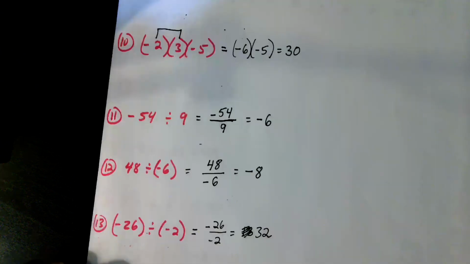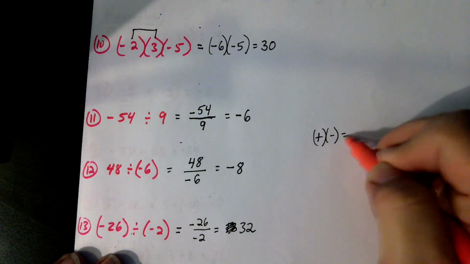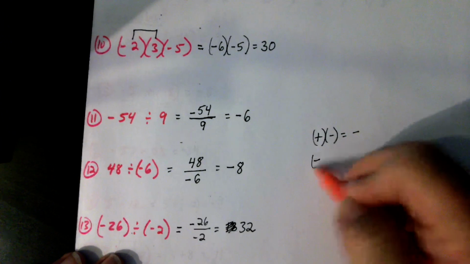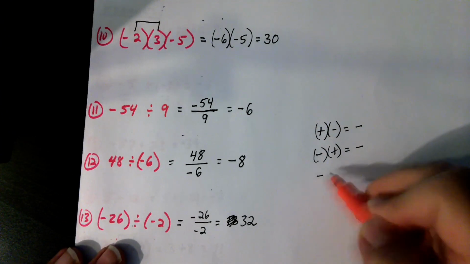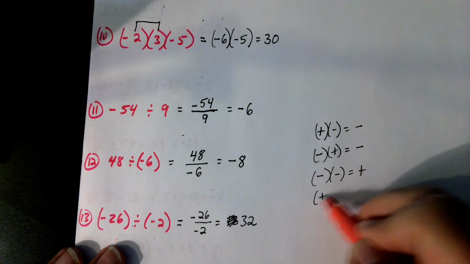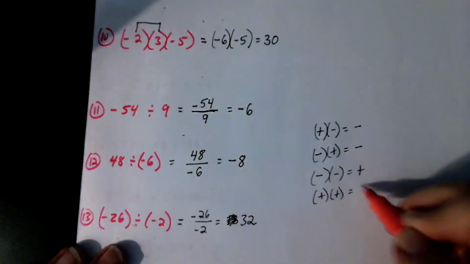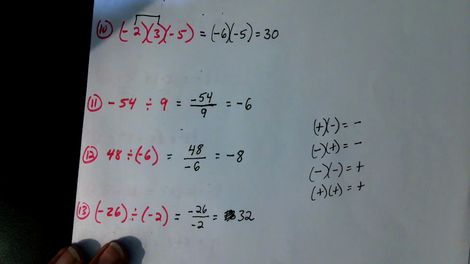So remember, a positive times a negative yields a negative. A negative times a positive yields a negative. But a negative times a negative is going to give you a positive, and so is a positive times a positive. So those are the rules for multiplication. Those are the same rules for division.